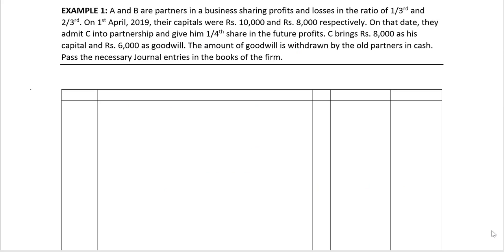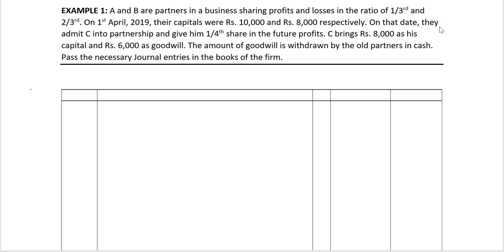Example 1. A and B are partners in a business sharing profits and losses in the ratio of 1/3 and 2/3. On 1st April 2019, the capitals were Rs 10,000 and Rs 8,000 respectively.